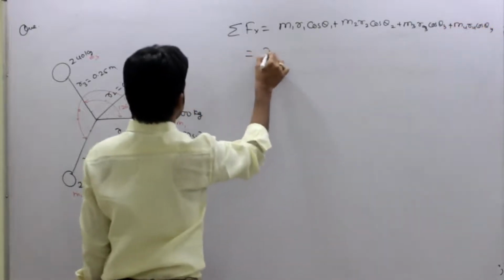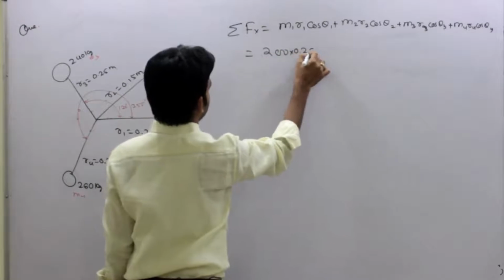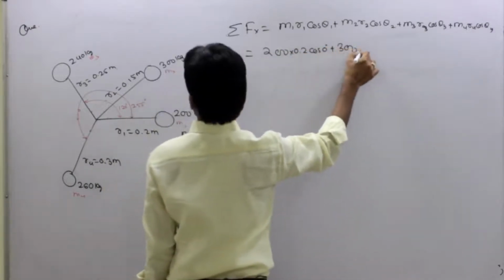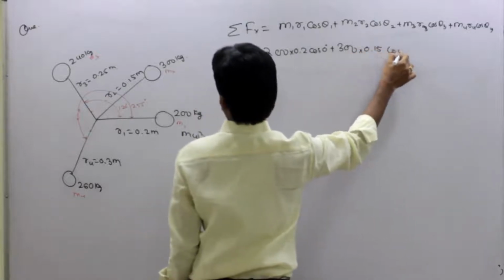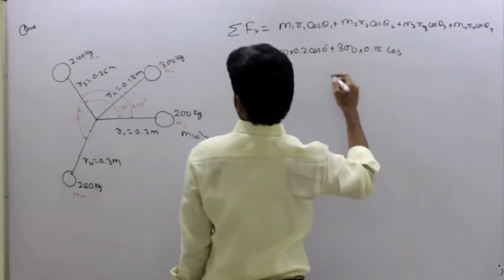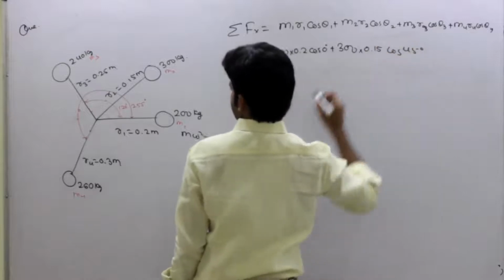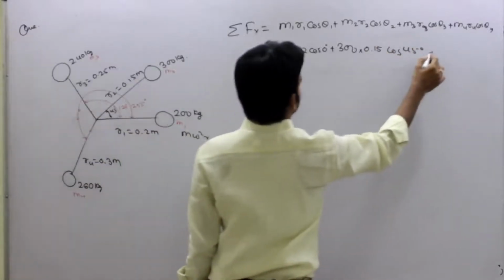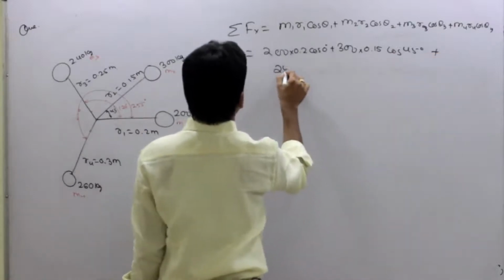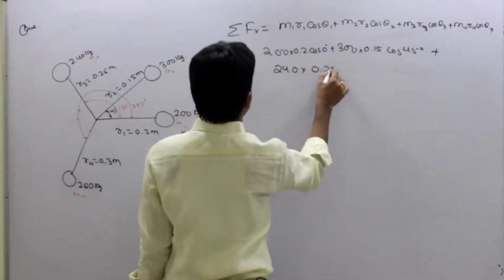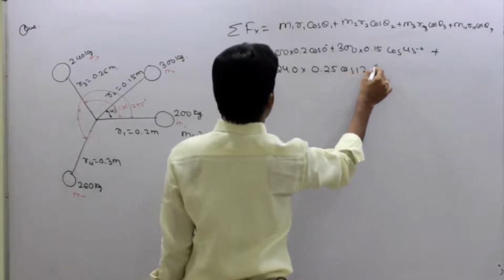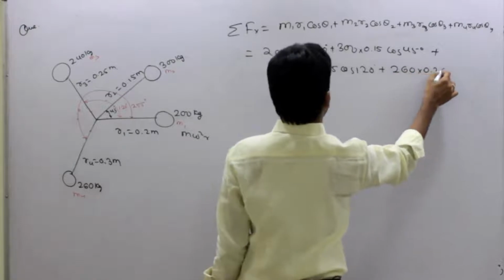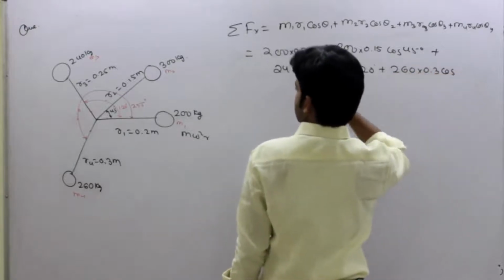Or we can write it as 200 into 0.2 cos of 0 degree, plus second is 300 into 0.15 cos of 45 degree, this angle is 45, plus 240 into 0.25 into cos of 120 degree, plus last is 260 into 0.3 cos of 255 degree.